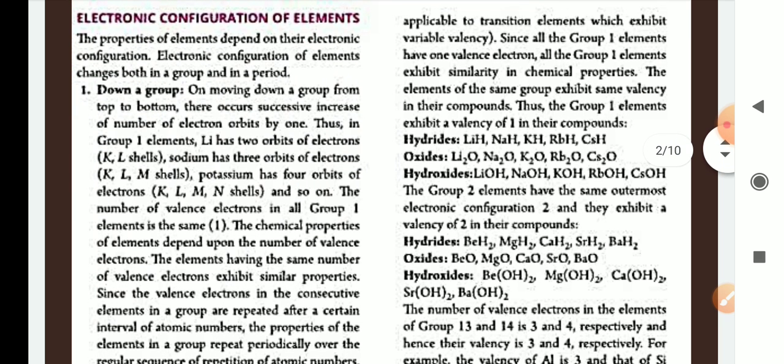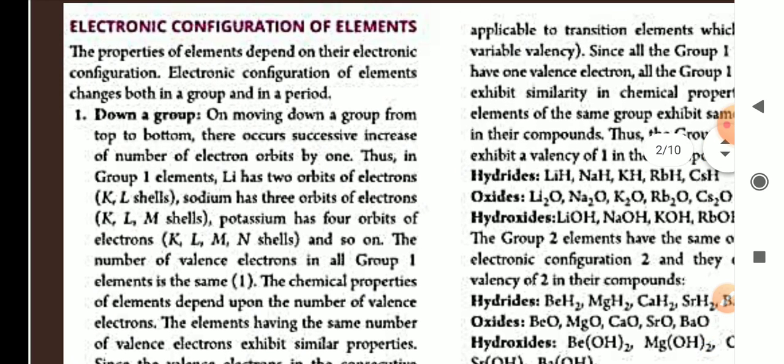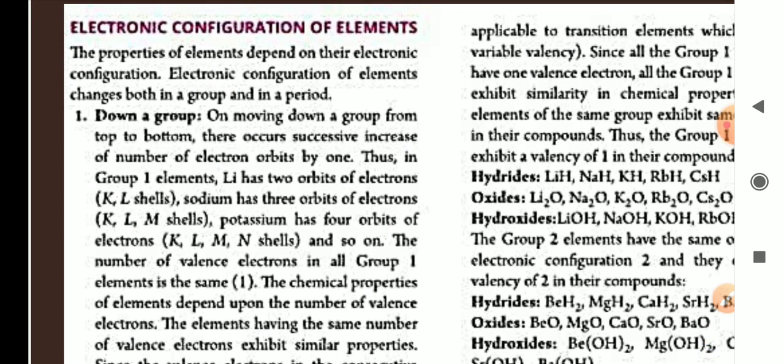So the first point, you can see, is the electronic configuration of elements. We will come to know how electronic configuration decides the chemical properties of any element. The properties of elements depend on their electronic configuration. We know each element has a different atomic number in the periodic table. So what is the atomic number? The number of electrons and protons present in an atom.